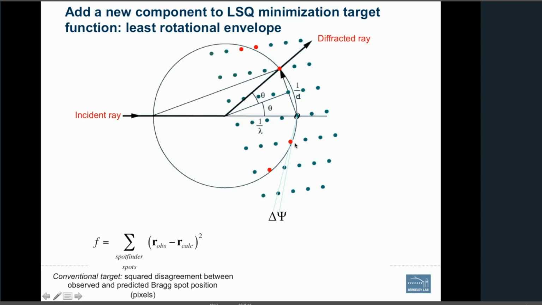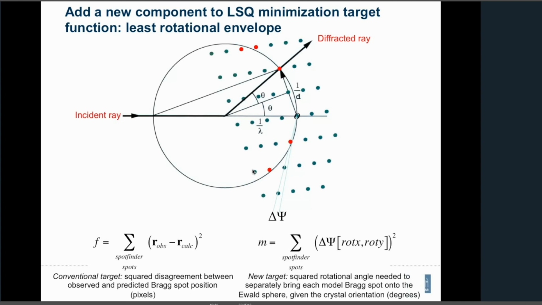But these other red reciprocal lattice points are close to the Ewald sphere, and depending on the mosaicity or beam divergence, they will actually diffract as well. So the rotational offset that you would need to do to rotate the crystals until these reflections are exactly on the Ewald sphere, we're going to call that angle delta psi. So we know that any observed reflection must be close to the Ewald sphere.